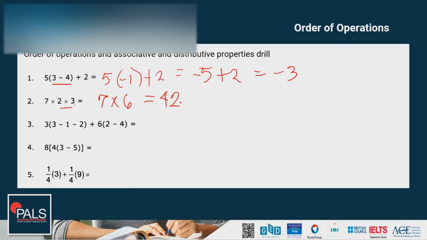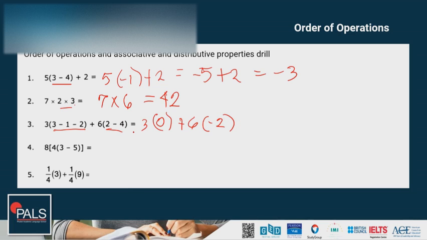Okay, number 3. Okay, let's start with those inside the parentheses. Inside the parentheses we have this one and this one. So let's copy the other numbers. 3 minus, let's solve it from left to right. 3 minus 1 is 2, and 2 minus 2 is, oh no, it's 0, plus 2 minus 6. 2 minus 4 is minus 2.